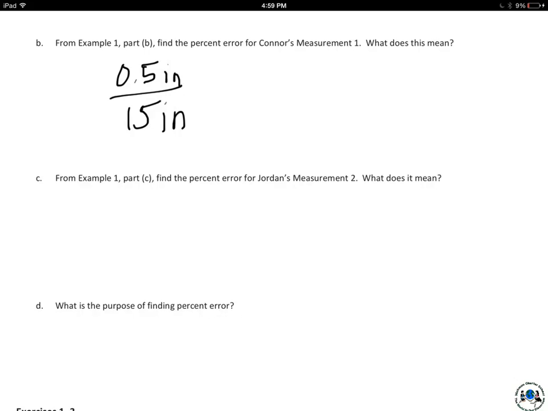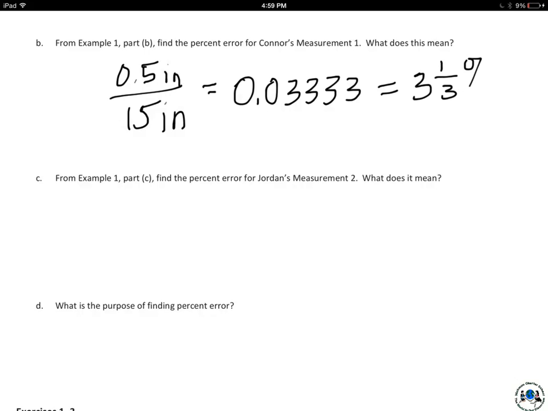If we go ahead and put that in its fractional form, his absolute error was 1/2 inch or 0.5 inches, and we divide that by 15 inches, and we get a decimal on our calculator that looks like that, 0.03333, and on and on. A repeating decimal there.